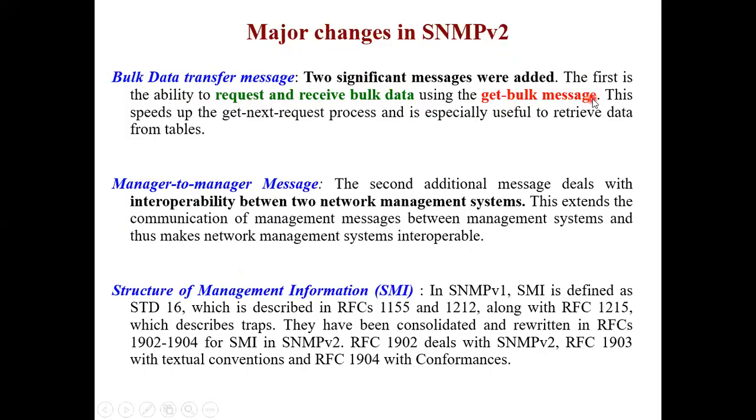There we were asking one by one, here we will request as well as receive the bulk data. So get bulk message. So this was one message that was added, and this speeds up the get next request process, and it is especially useful to retrieve data from the table. I hope this point is clear to all of you.